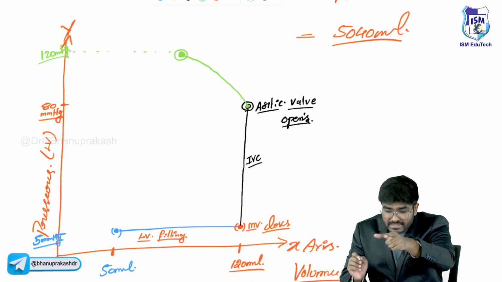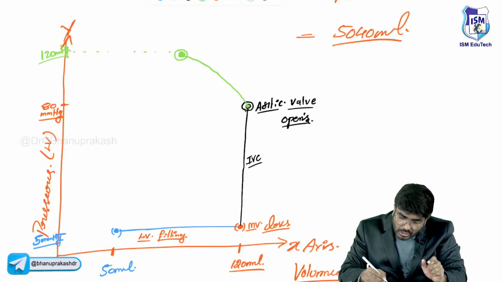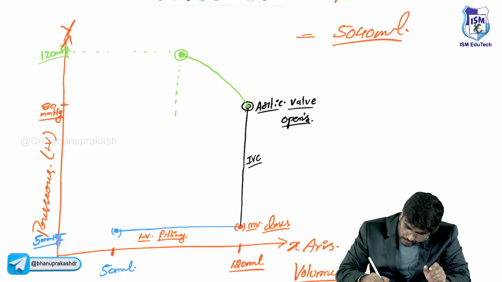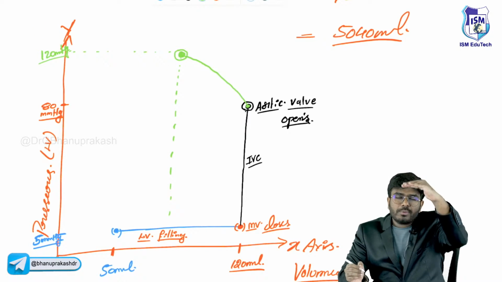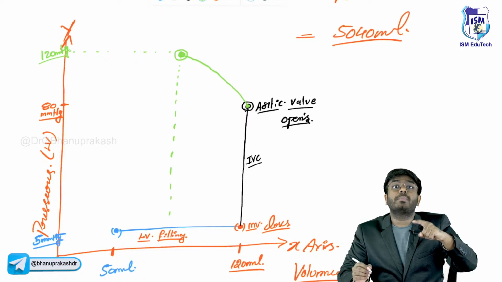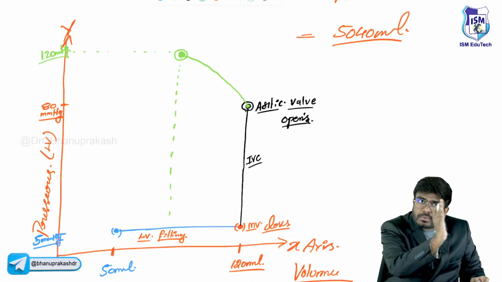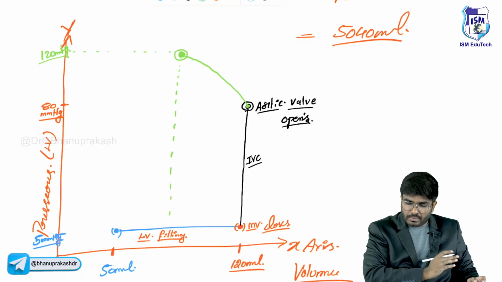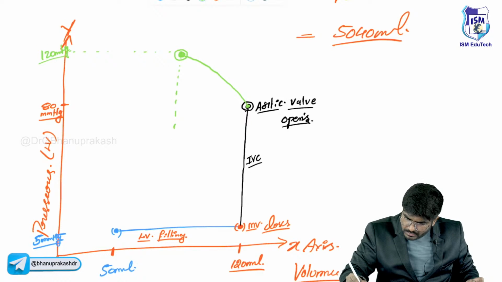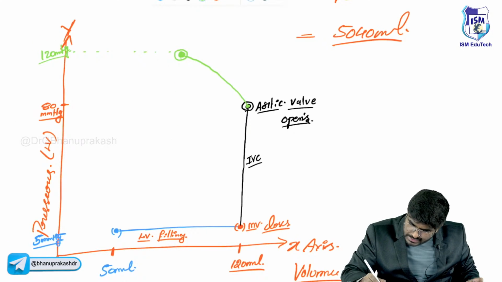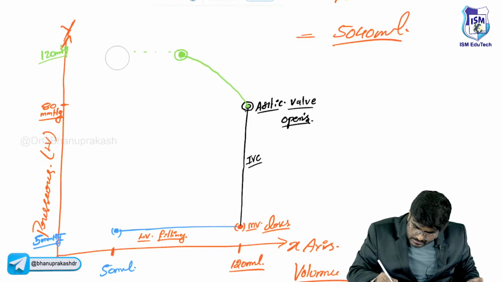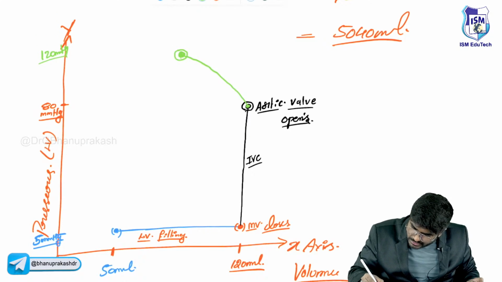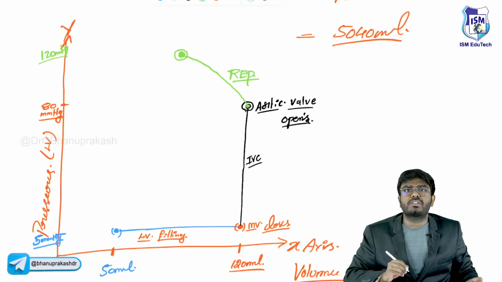Not only that, the volume in the ventricle is coming down, which means the blood is ejecting into the aorta. Varun Kashyap, excellent. This phase is called the rapid ejection phase.